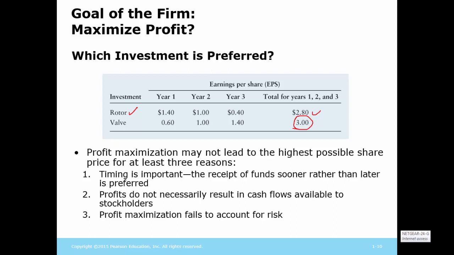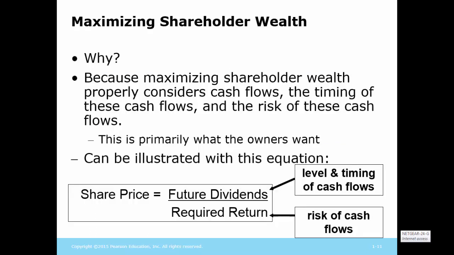We'll have a whole chapter where we talk about some cash flow items. And then finally, profit maximization doesn't talk about risk. What's the chance that these cash flows or these earnings per share actually happen? So profit maximization just doesn't necessarily lead directly to an increasing stock price.